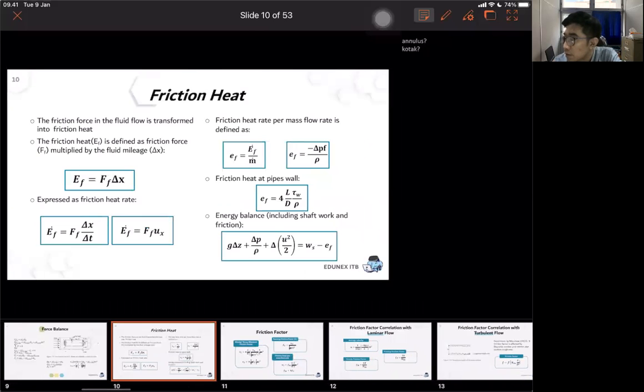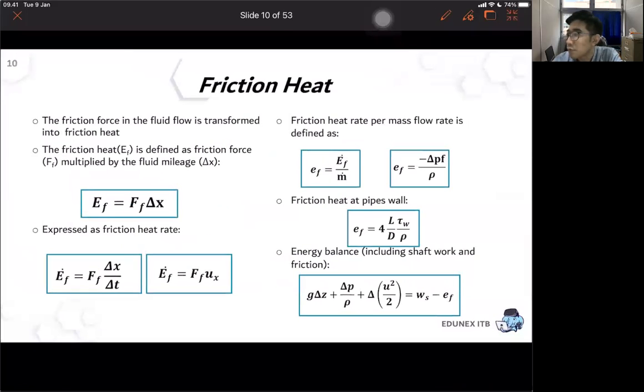Okay, from our previous discussion, we already know the parameter EF. This is the friction heat or friction energy, but you quantify it with the unit of energy over mass.